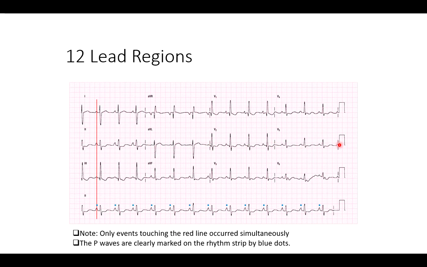Each of these hash marks indicates a 3-second period of time. For instance, this area would be 3 seconds, this area would be another 3 seconds, this area would be another 3 seconds, and finally, this area would be another 3 seconds.